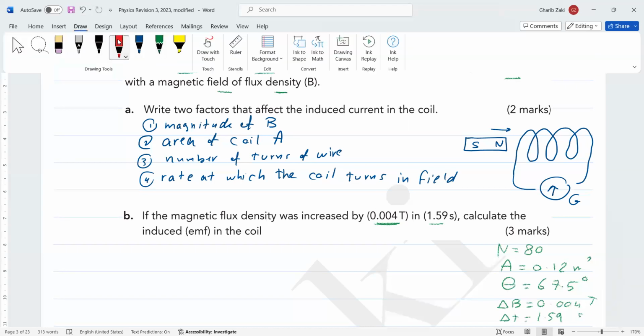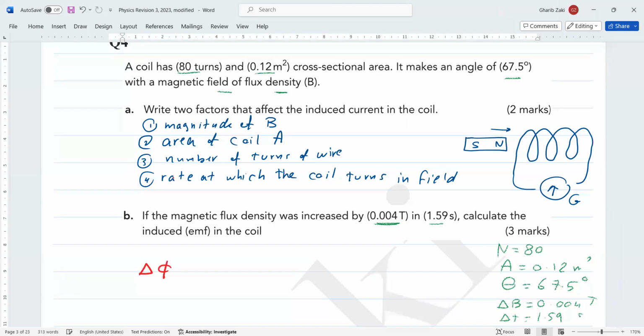Okay, the induced EMF. But before we do this, we have to revise how change in flux happens. Note that change in flux happens in 3 different ways. Number 1, change in flux density. Or number 2, change in area. Or number 3, change in angle.